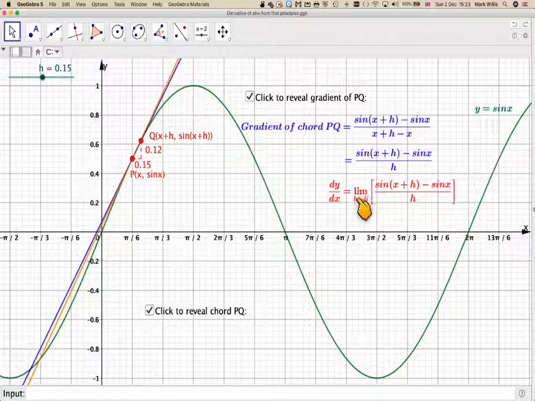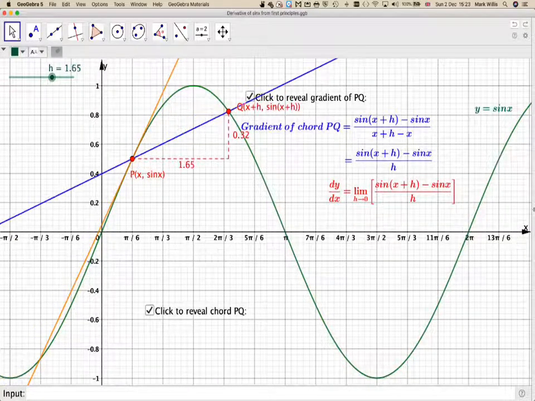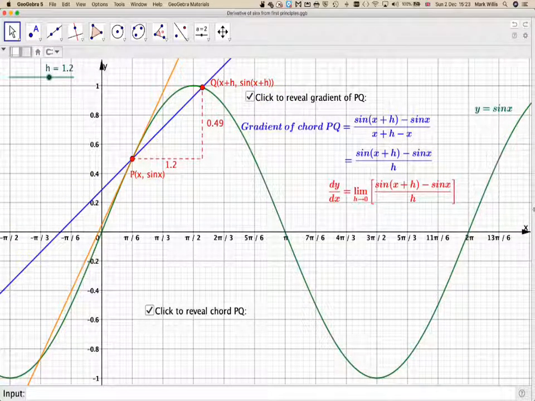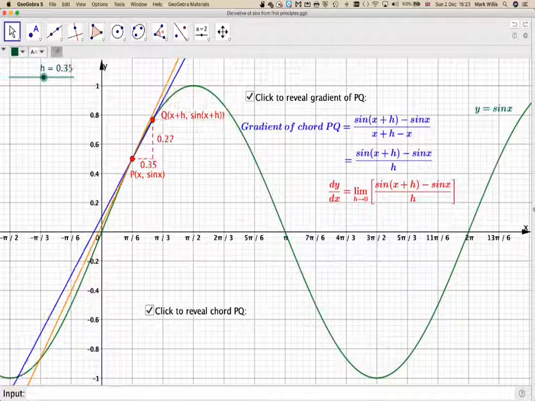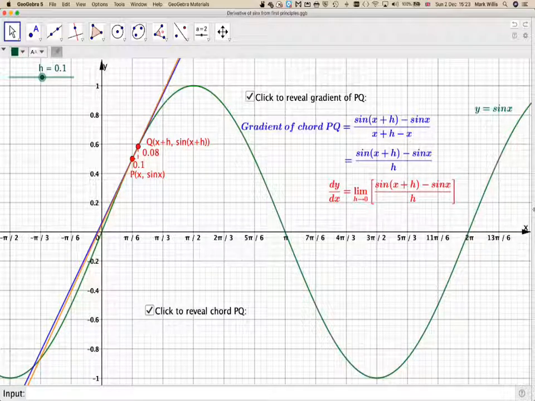Now this idea of making h small is taking a limit as h goes to 0 of the gradient, and that will give me the value of the gradient.